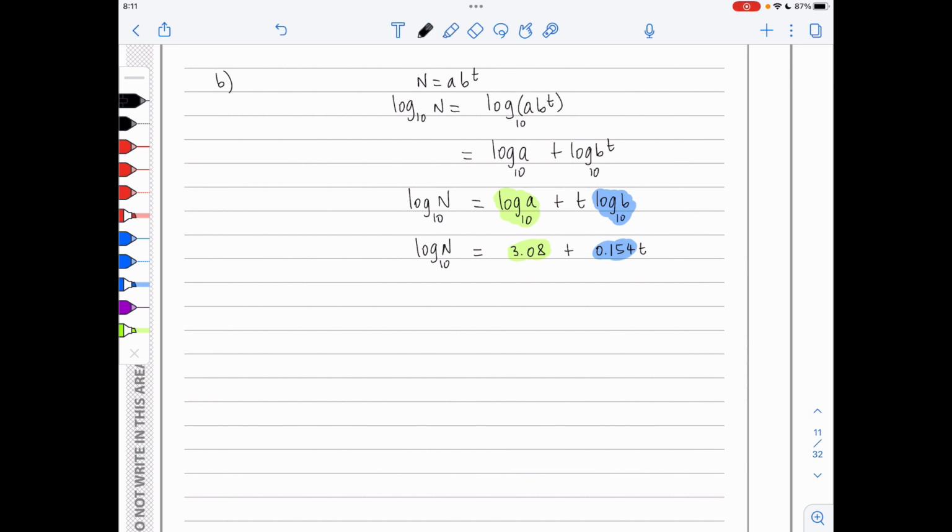Hence, log of a base 10 is 3.08, and log of b base 10 is 0.154, which means that a is 10 to the 3.08, which gives an answer of 1,200 to 3 significant figures, and b is 10 to the 0.154, which gives an answer of 1.43.